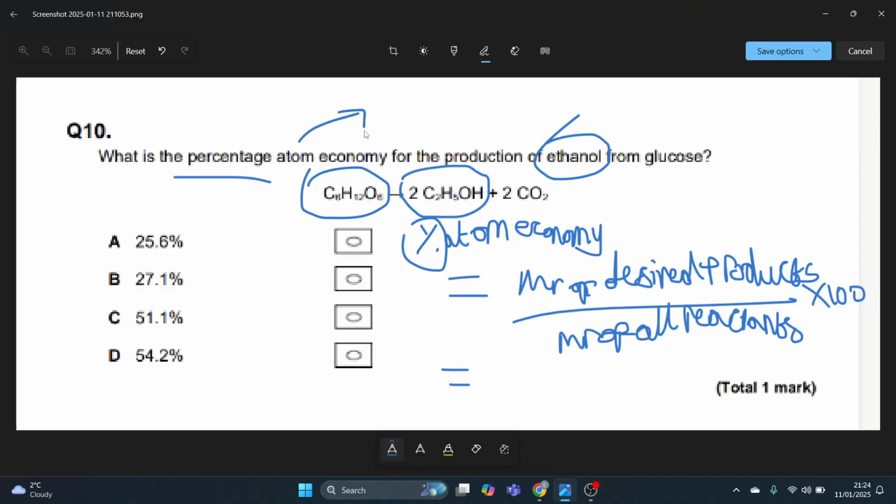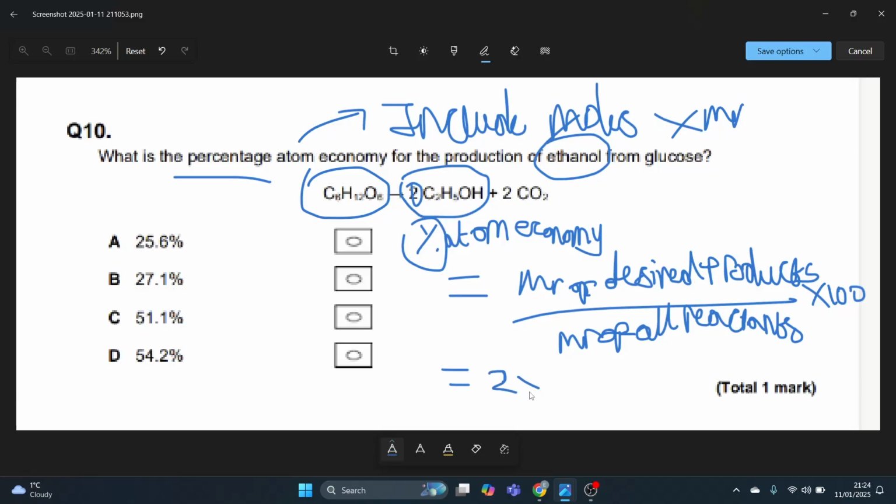Well, remember, for percentage atom economy, we need to include the moles, and we need to times the moles by the Mr. Because there are 2 moles of ethanol, it's going to be 2 times by 12 plus 5 plus 16 plus 1, 2 times by 46, divided by the Mr of all reactants, 12 times by 6 plus 12 plus 16 times by 6, 180, times by 100. 2 times by 46 divided by 180 times by 100, 51.1%.